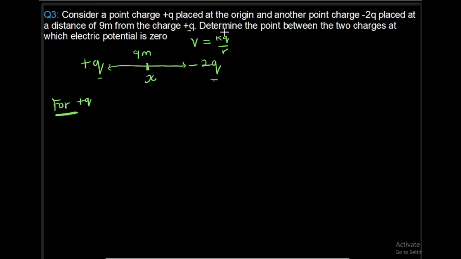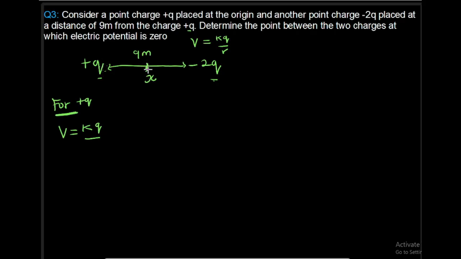V is equal to KQ all over R. So for this positive Q charge, our distance from here to here is X. So for positive Q charge, we say electric potential will be equal to K, the magnitude of the charge is positive Q, which is still the same thing as Q, KQ all over R. Our distance from this charge to this point is X. All right. We're using this as our reference point because at this point, the potential is 0.